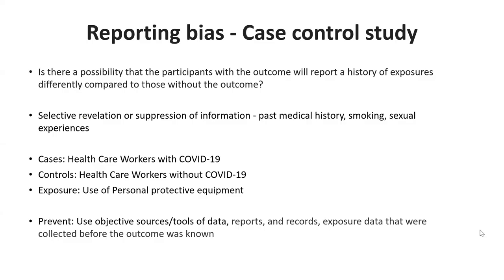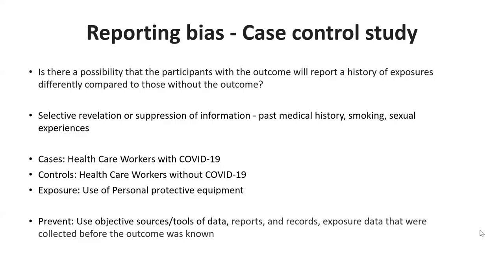So the main idea here is to look at different kinds of study designs and then take up examples to understand the kind of information bias which can happen. So for a case control study, reporting bias, the question you should ask is: is there a possibility that the participants with the outcome will report history of exposure differently compared to those without the outcome?